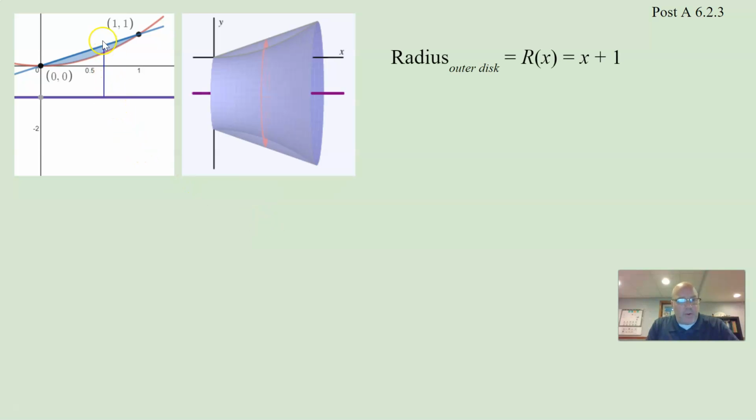The longer radius, which is going to be the longer distance from that purple line, r of x, is simply going to be the function x, because this is y equals x, minus a -1. That's how we find the distance of this blue line.